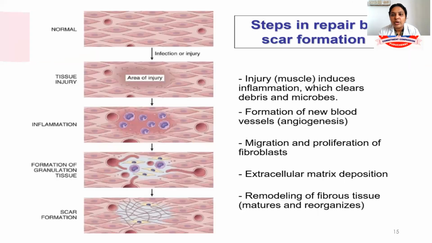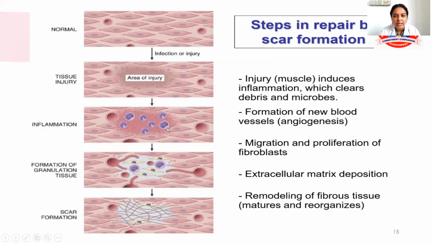So, what are the steps in repair by scar formation? This is the normal tissue. Once there is an area of injury, there will be inflammation, and the inflammatory cells will come into play, followed by migration of the cells. See here, the inflammatory cells have come into play. This is the macrophages and this is the neutrophils.